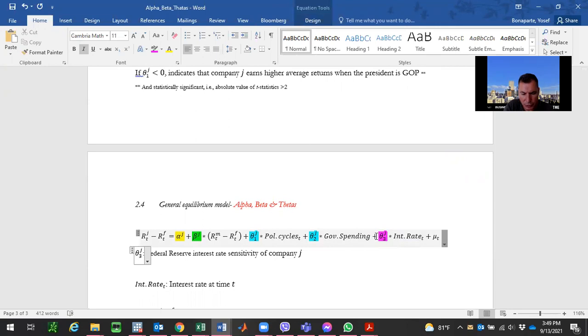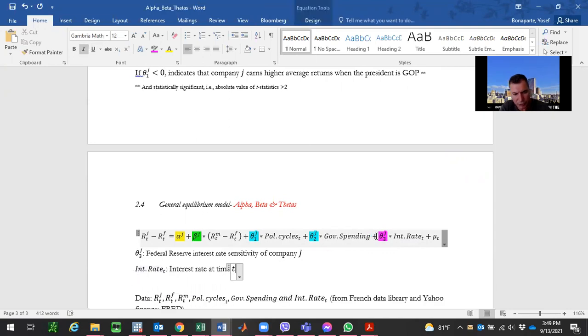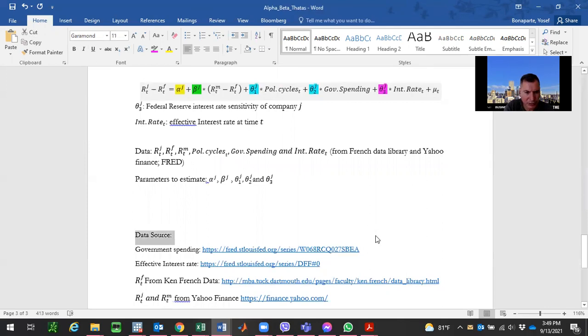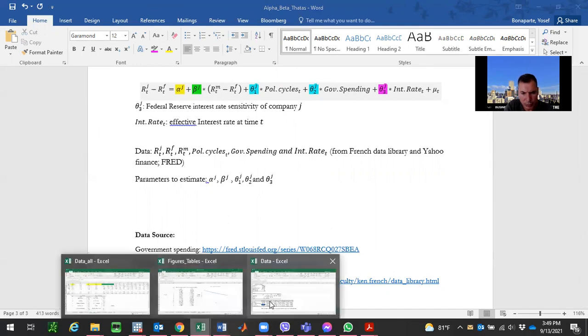Theta 3J will be the Federal Reserve interest rate sensitivity of company J. I'll talk about data sources later on, but let me do the last exercise.